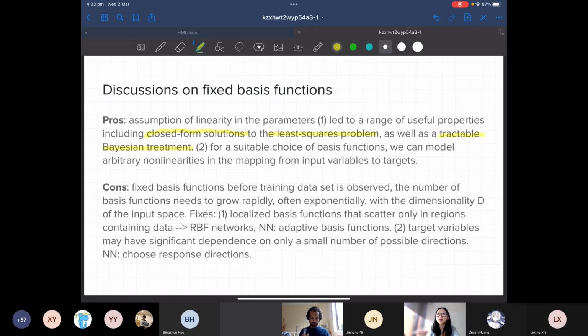I just tell our computers to do all the linear algebra for us, and then we get the full Bayesian treatment, the mean and covariance matrix. That's nice. And if we have enough basis functions and they're sufficiently expressive, then we can model any function between the input and target. That's very nice.